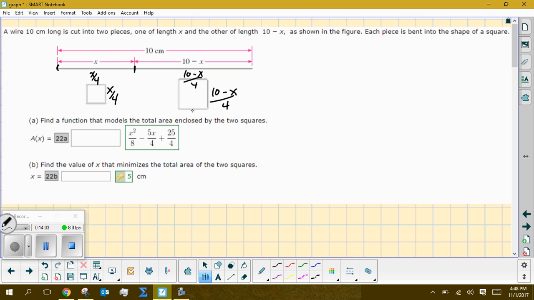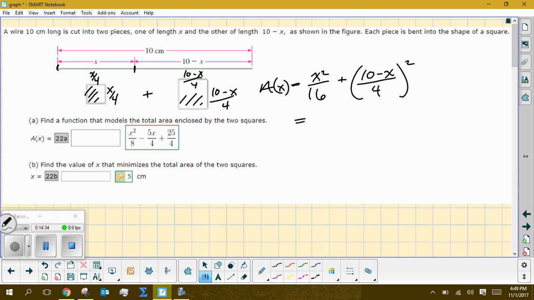Now they want to know the collective total area of the 2 squares. So I'm going to find each area and add them together. The area of the square on the left is x squared over 16. The area of the square on the right is 10 minus x over 4, that quantity squared. So the total area in regards to x would be that.